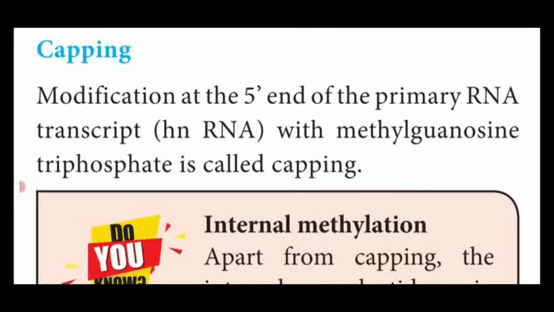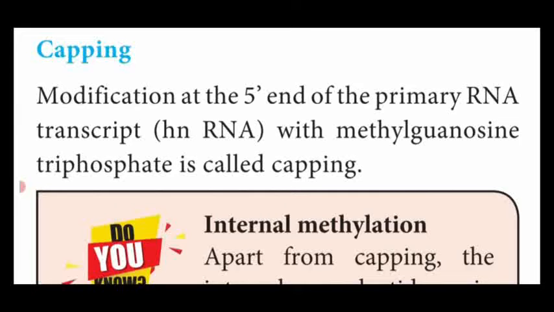Dear students, this is the process which takes place in the nuclear region, that is capping. Modification at the 5' end of the primary RNA transcript with methylguanosine triphosphate is called capping.